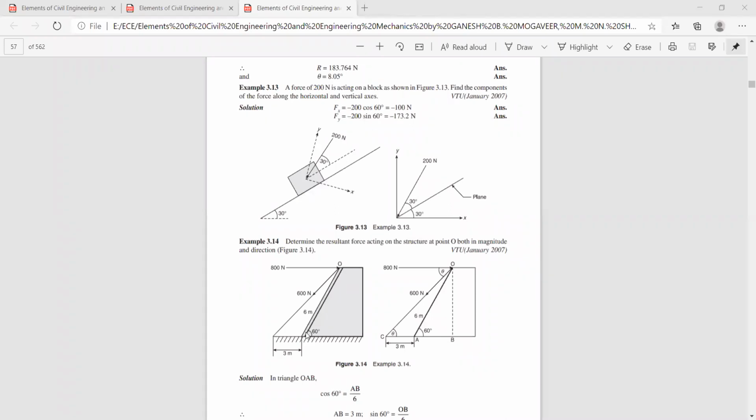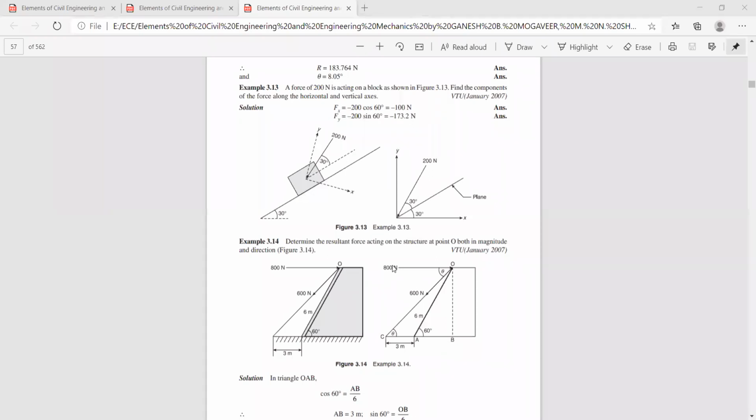You can call this point O, this point A, and this point B. Now OA is 6 meter, AB is 3 meter, and this angle is given. This is the point about which two forces of 800 Newton and 600 Newton are acting. You are required to find the magnitude and direction of the resultant of these two forces.